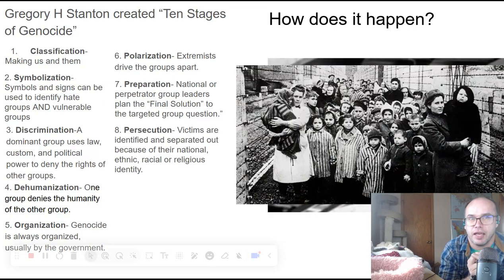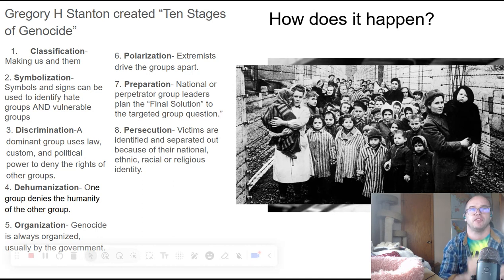And once this is happening, you have persecution where the victims are identified and separated from the people in power because of their national, their ethnic, their racial, their religious identity. Their identity of who they are becomes a cause for them to be marked and removed.